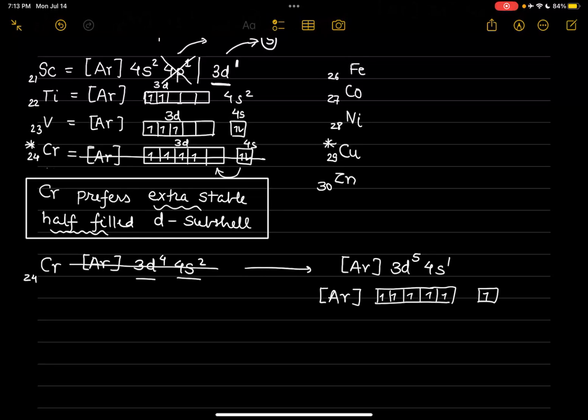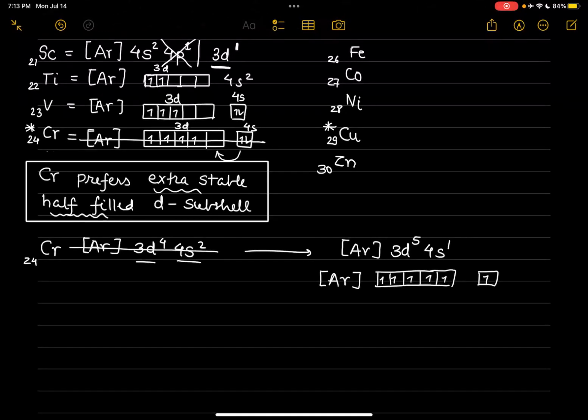The d subshell was having just one electron short of 5 electrons in chromium. You are going to do this in the d subshell only, in chromium and copper only, not in other smaller elements. As per this statement, half-filled and fully filled subshells are very stable in their electronic configuration. So you moved one s electron.